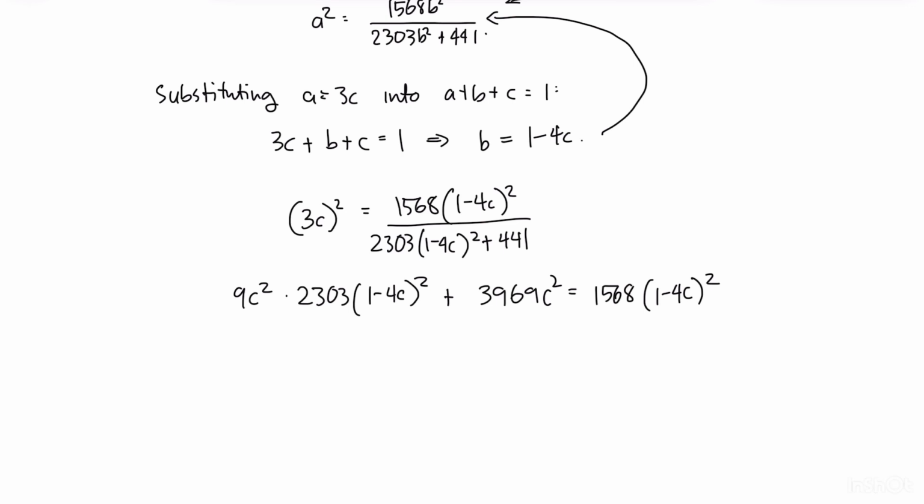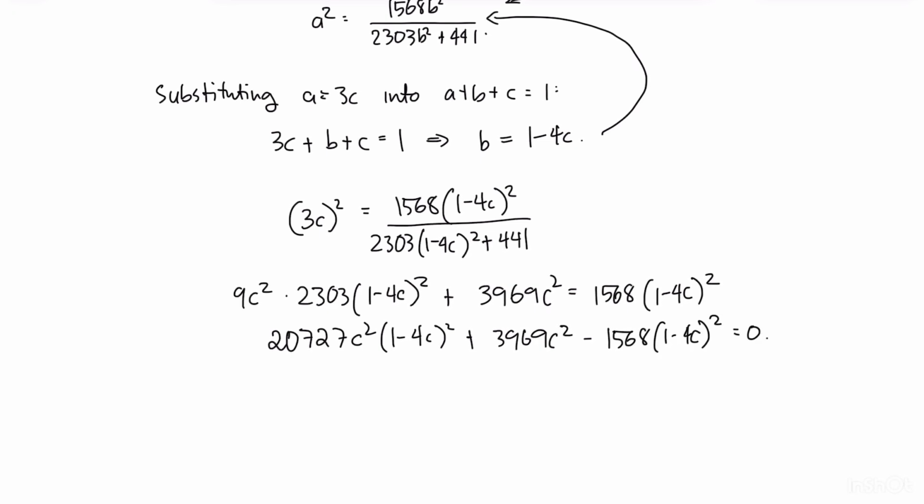Now, further simplifying this becomes 207.27c squared times the quantity 1 minus 4c squared plus 3969 c squared minus 1568 plus 1 minus 4c squared equals 0. Now we can solve here for the value of c.